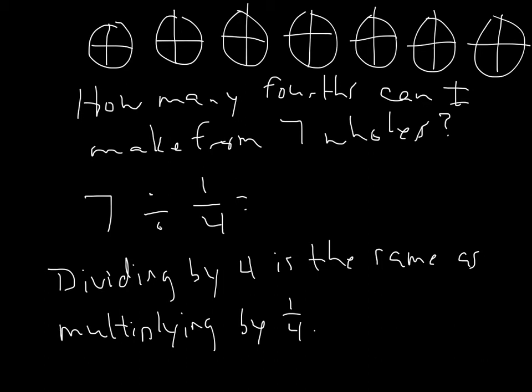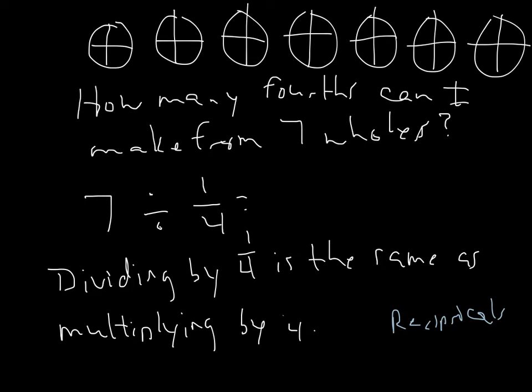And we said that 4 and 1/4 were something called reciprocals. Okay, well, actually, since they're reciprocals, you can actually flip them in this statement. You can actually say dividing by 1/4 is the same as multiplying by 4. It actually works both ways.